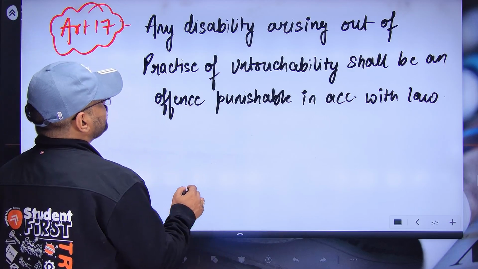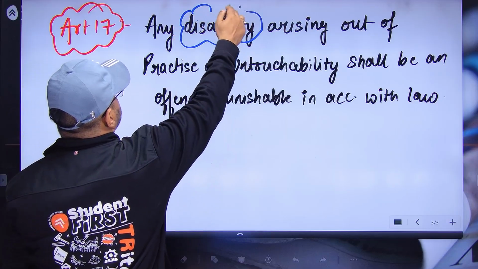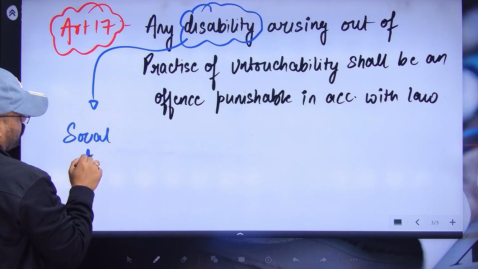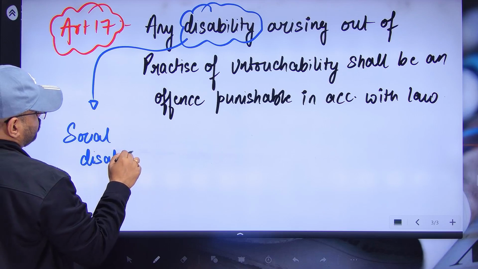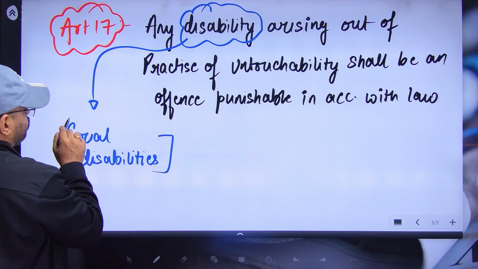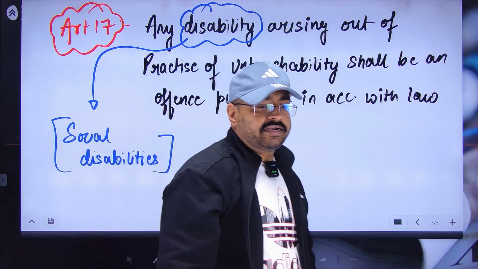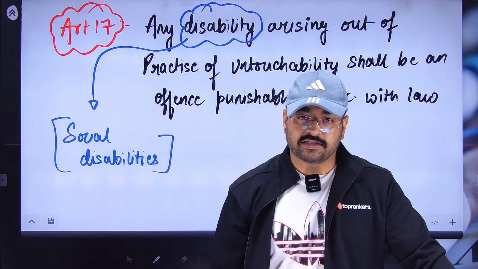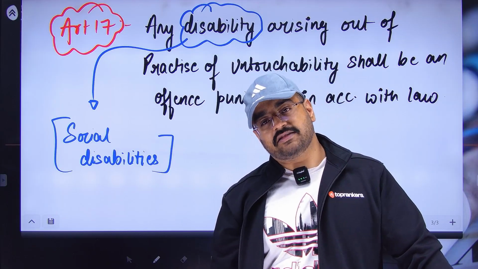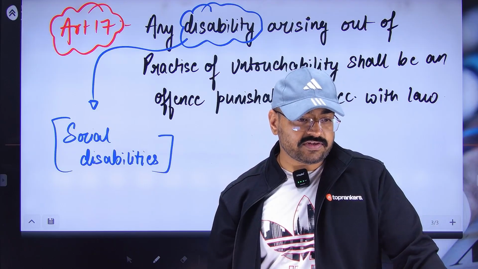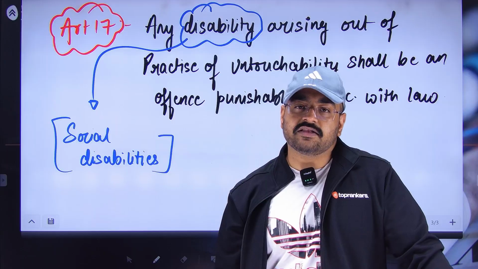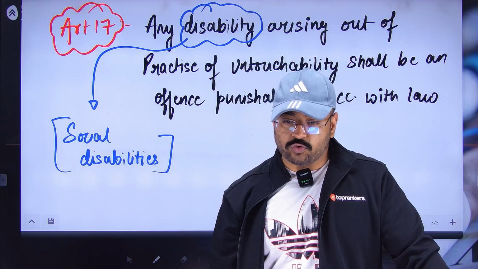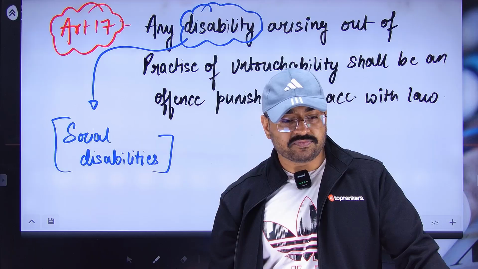अब ये डिसेबिलिटी थी किस तरीके की? These disabilities basically referred to the social disabilities which are faced by the members of the community who were treated as untouchables. ठीक है, हिस्टोरिकली जिन लोगों को अनटचेबल्स की तरह ट्रीट किया जाता था, वो जो सोशल डिसेबिलिटीज फेस करते थे। सोशल डिसेबिलिटीज मतलब ह्यूमिलिएशन, अब्यूजेस। Social disability मतलब not having access to the main market of the village, not having access to main roads of the village or the place where they are living, right?